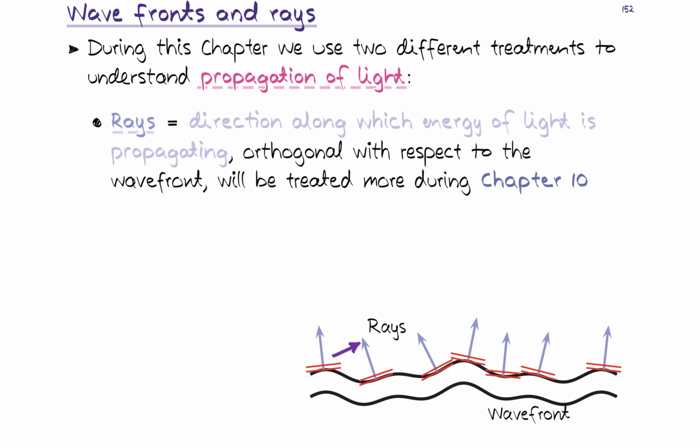So we can understand that we have some kind of propagating electromagnetic field here with this curly wave, and the black curly wave here describes the wavefront.